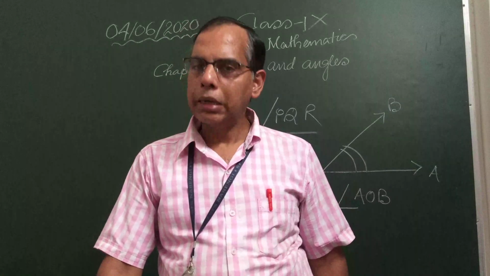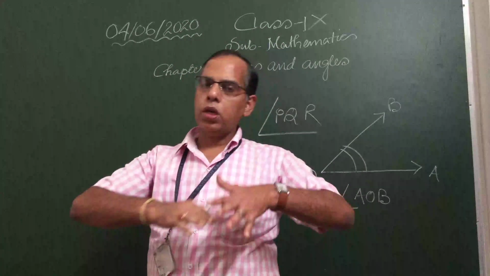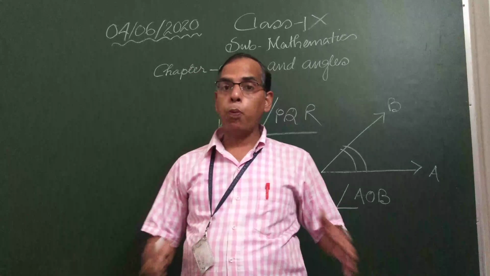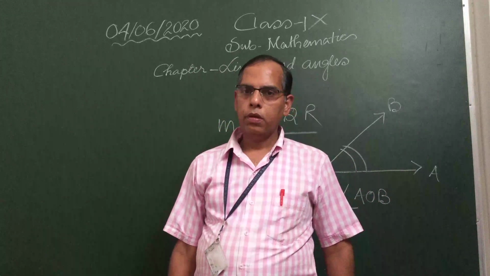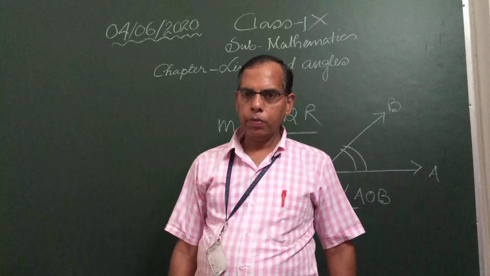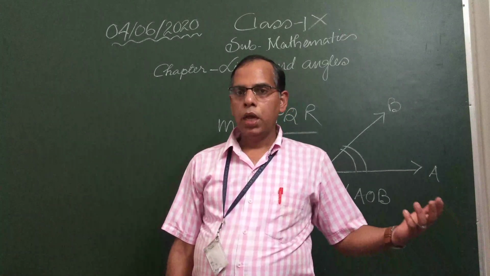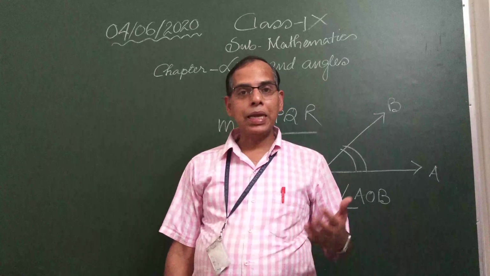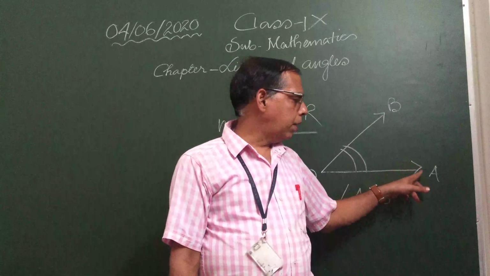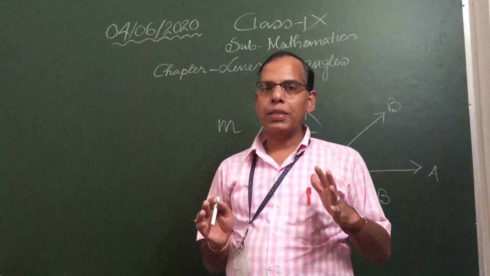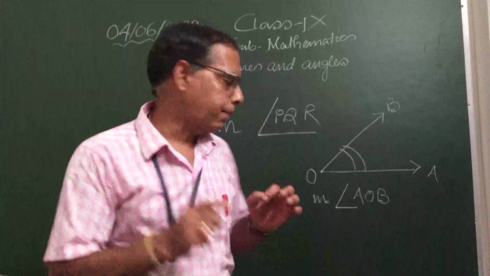That is known as a ray. If a set of points can be extended on either side, that will represent a line. Here, though it is given lines and angles, there is a difference between line and ray.